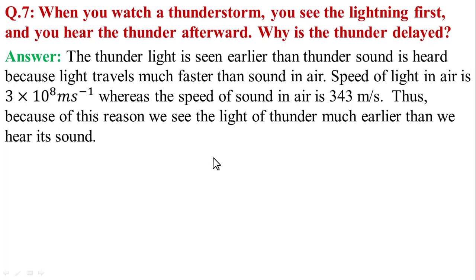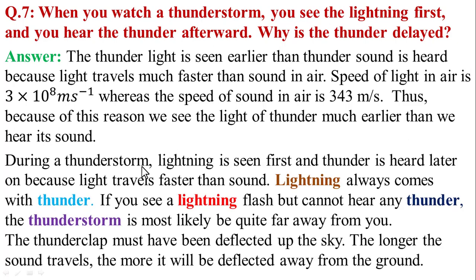So during a thunderstorm, light is seen first and thunder is heard later on because light travels faster than sound. Lightning always comes with thunder. If you see a lightning flash but cannot hear any thunder, the storm is most likely quite far away from you.